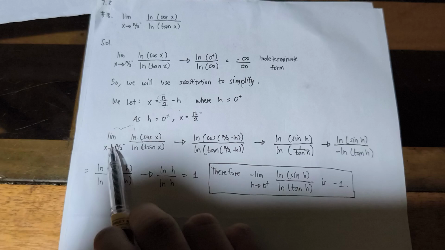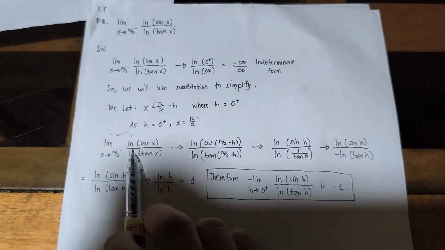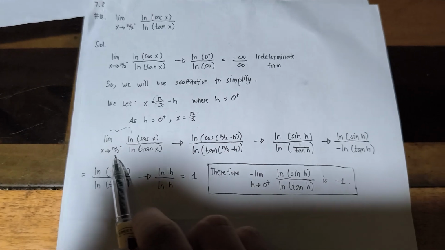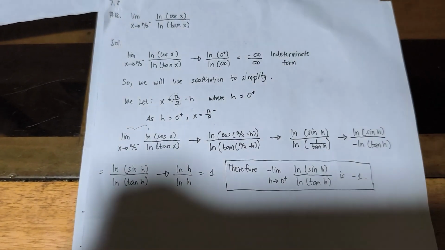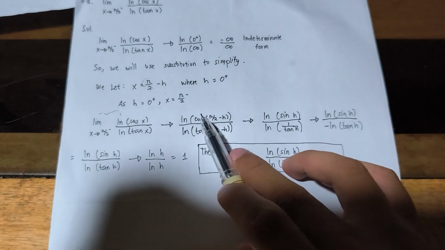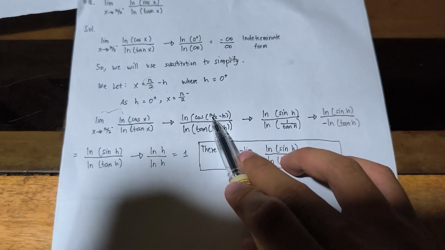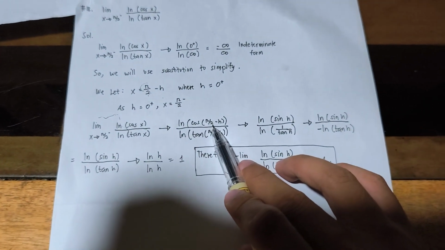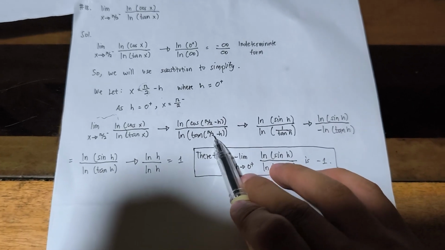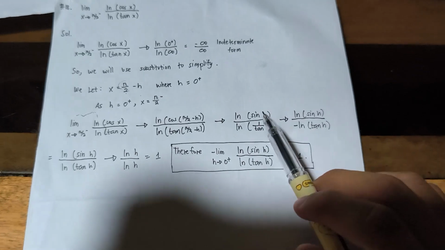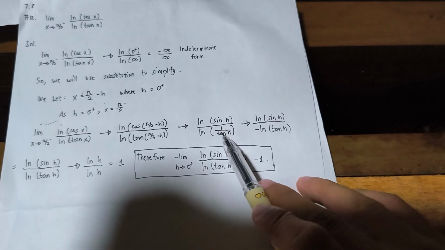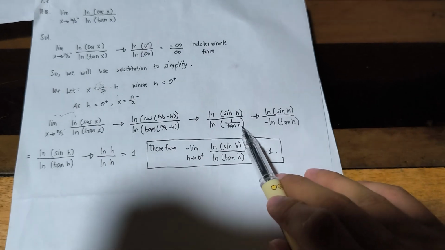So we have the limit of ln cosine x over ln tangent x as x approaches pi over 2 negative. So we apply the limit. So we have ln cosine of pi over 2 minus h over ln tangent of pi over 2 minus h. So it becomes ln sine h over ln of 1 over tangent h.